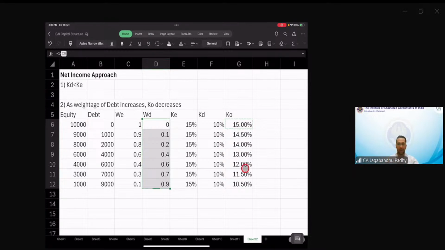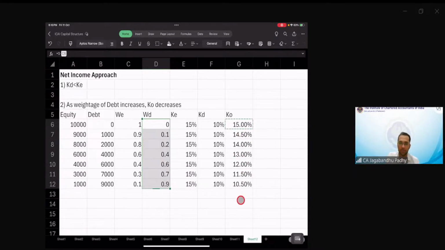Do you see any typical pattern, guys? Is it as per the statement they are saying here? As the weightage of debt increases, the overall cost of capital is reducing. Please verify, guys. Are we getting all these numbers?